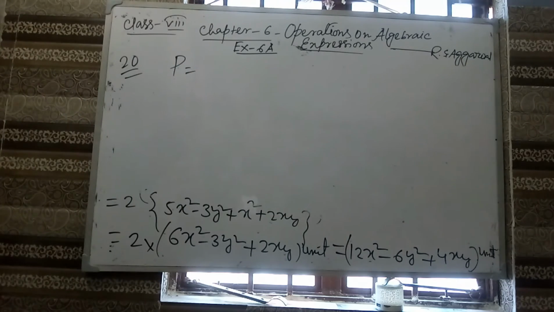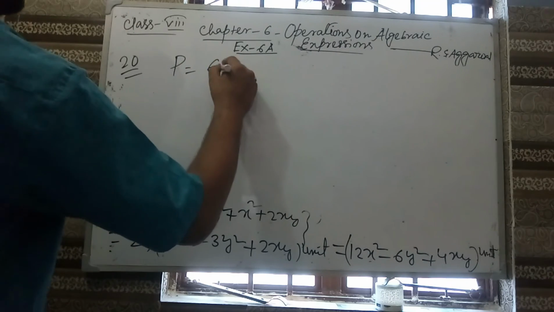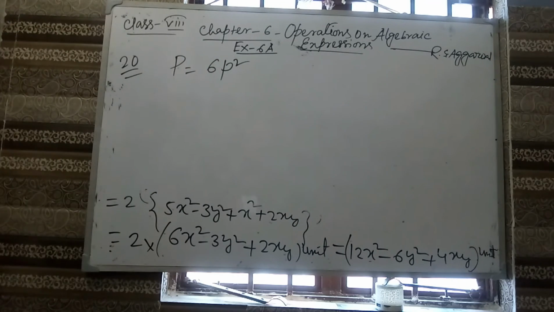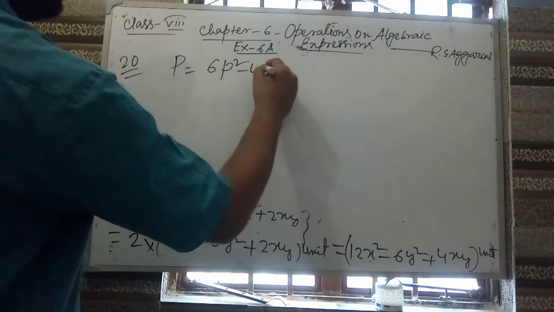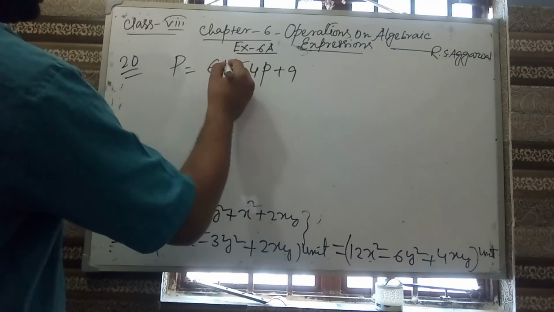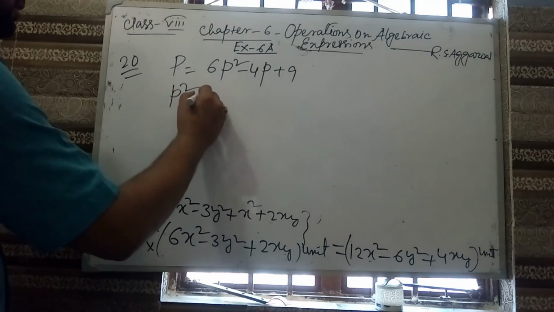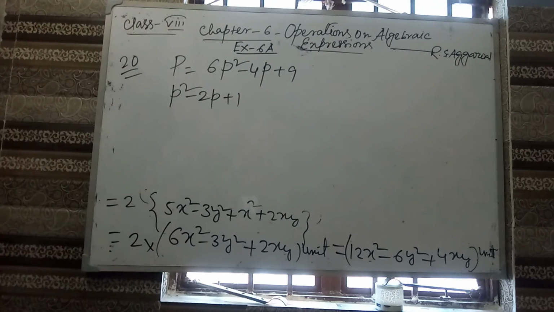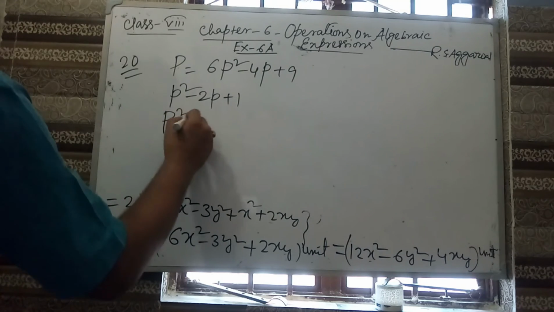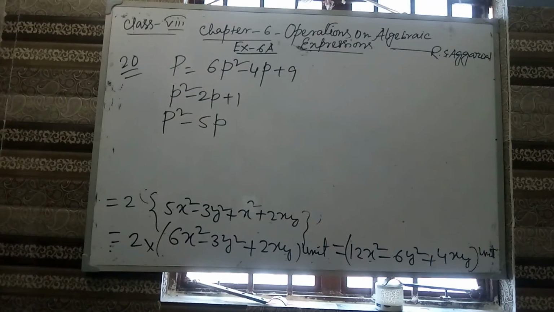Perimeter is given 6p square minus 4p plus 9, and two sides are given p square minus 2p plus 1 and another side is p square minus 5p plus 3.